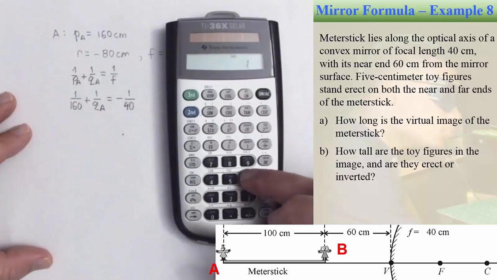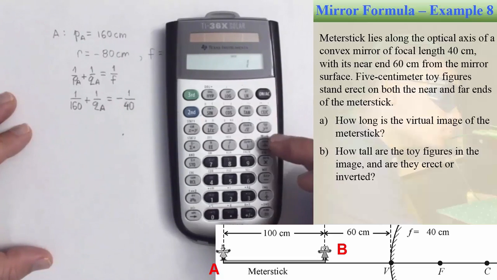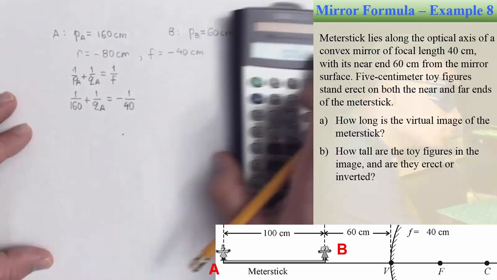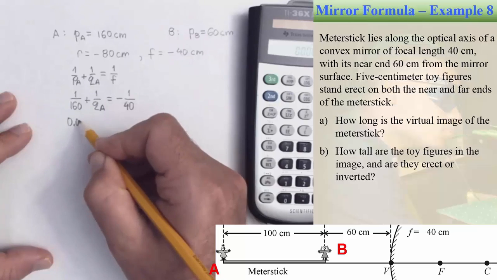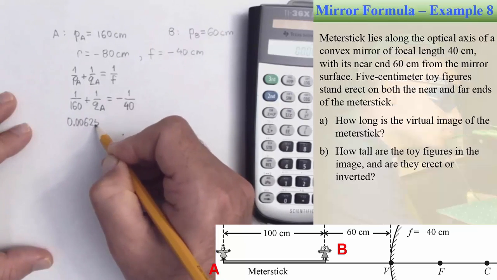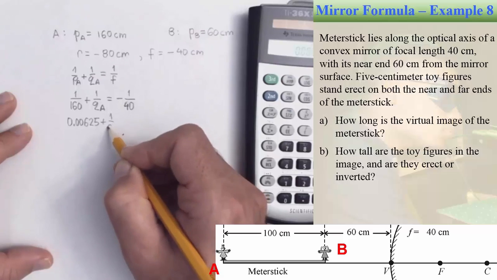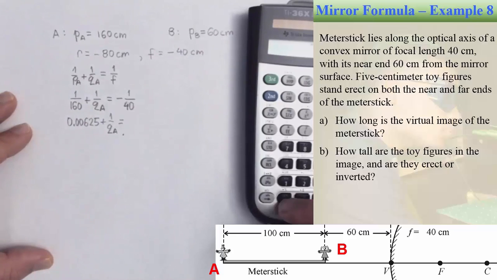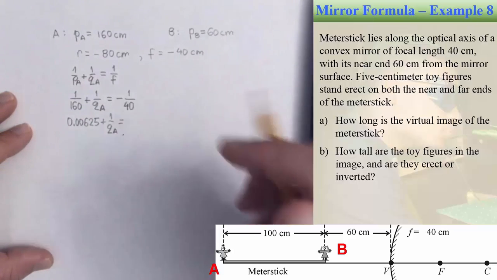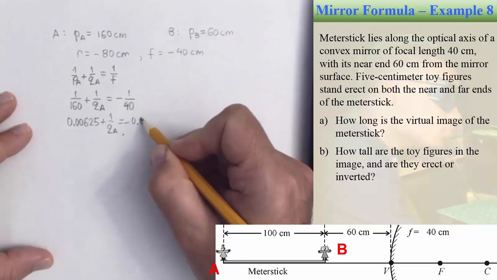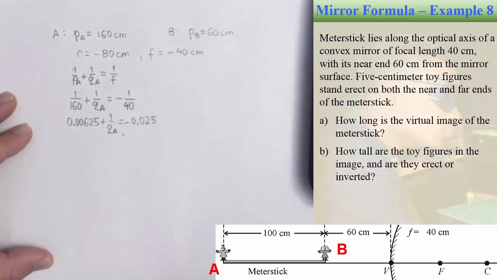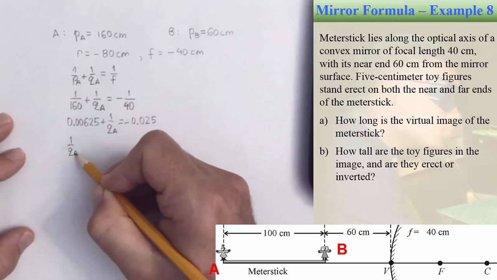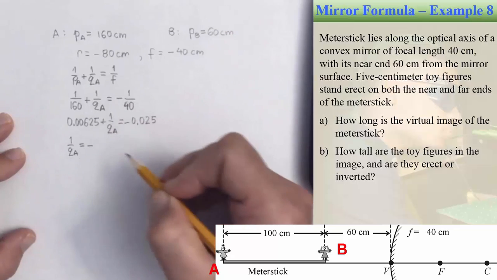So 1 over 160 is 0.00625, and 1 over 40 is 0.025. Here we can calculate the value of 1 over q_A by extracting it.